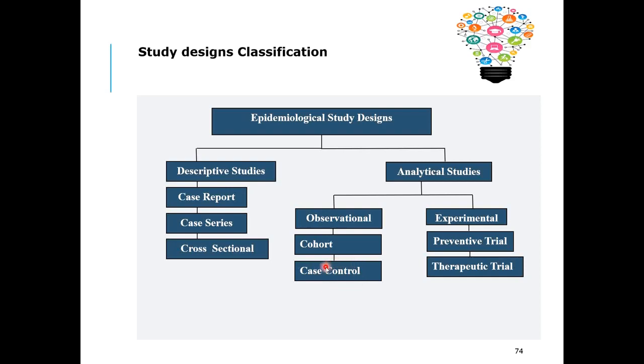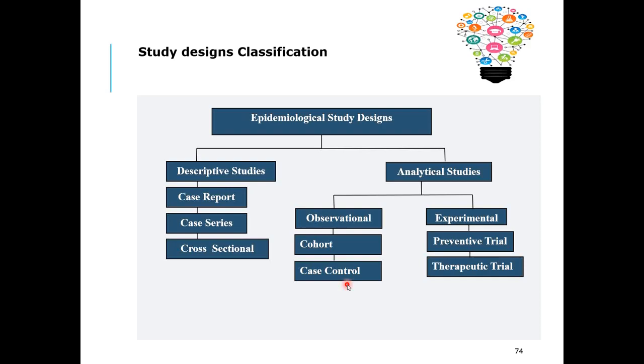Then I talk to control people and take their history, whether in their youth they smoked or used hookah, shisha, bidi, etc. Then I will compare the rates of exposure in cases and in controls, and then I will reject or accept my null hypothesis. This is known as case control studies.